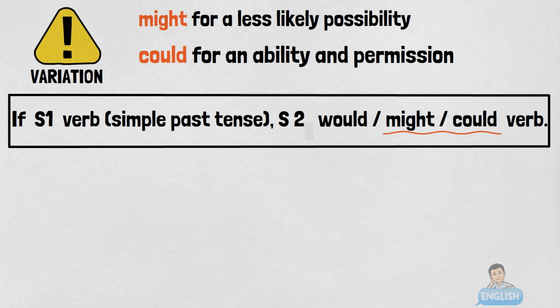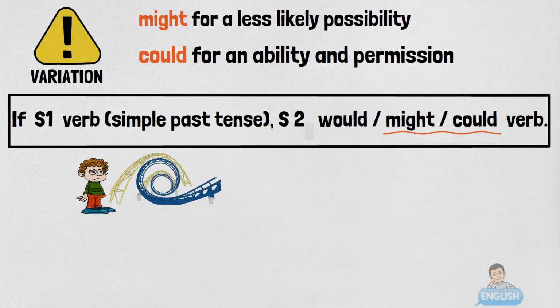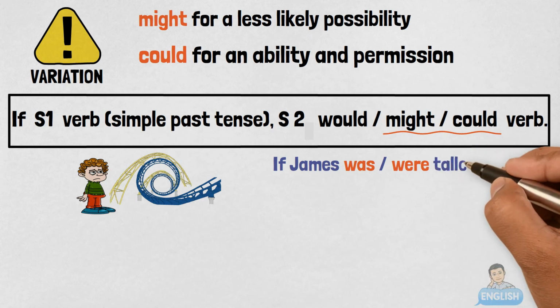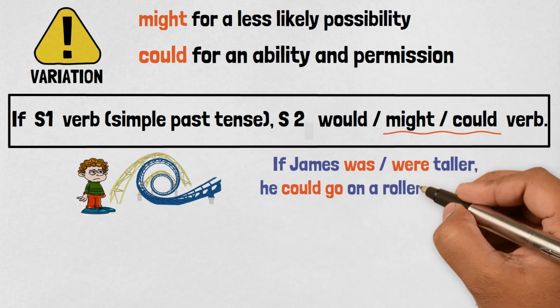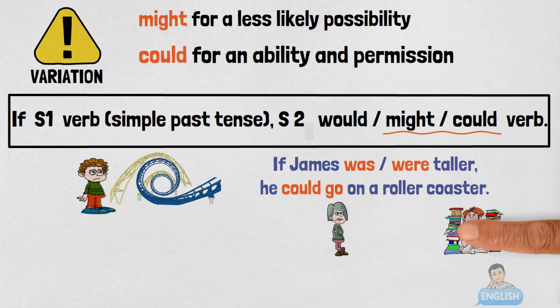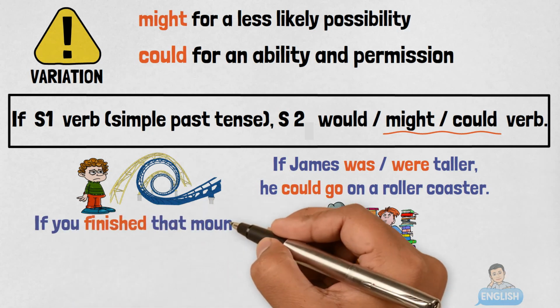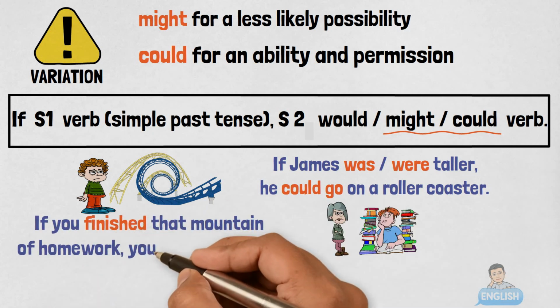For example, if James was or were taller, he could go on a roller coaster. It's an ability or a permission. Or, if you finished that mountain of homework, you could watch TV.